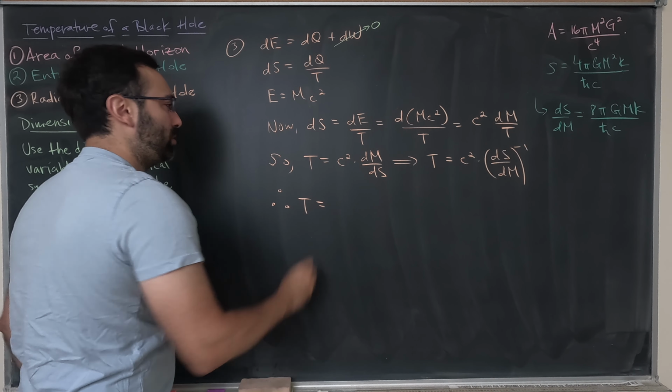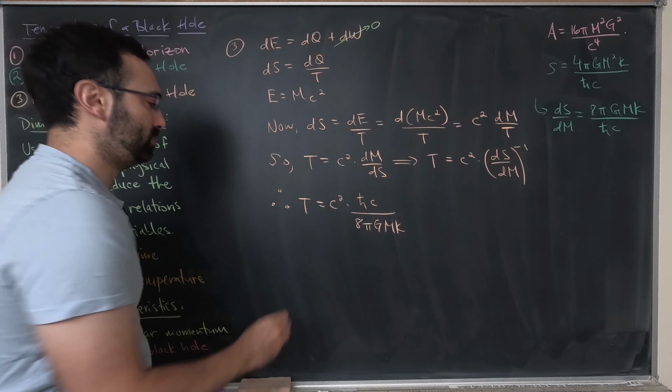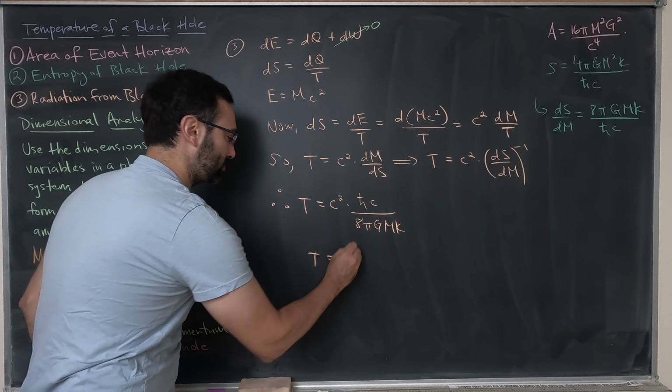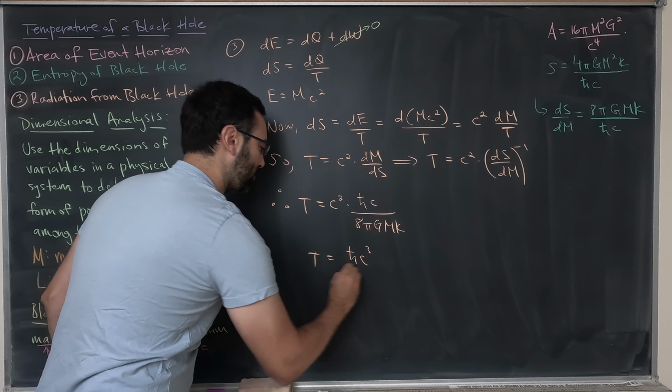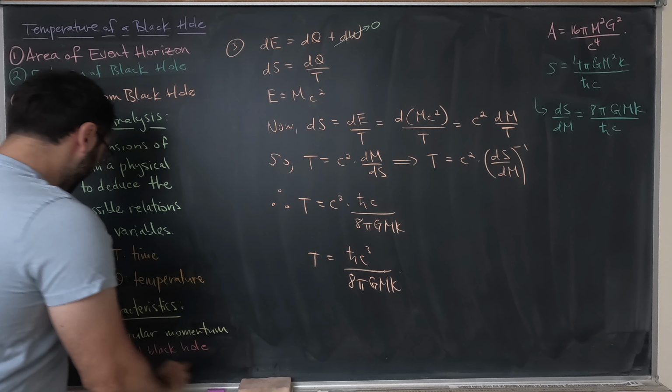Therefore, plugging that result in, we get T equals c squared times dS by dm inverse. So this result, we'll just flip it around. And now we can take c squared times c to give us c cubed. And there we have it.